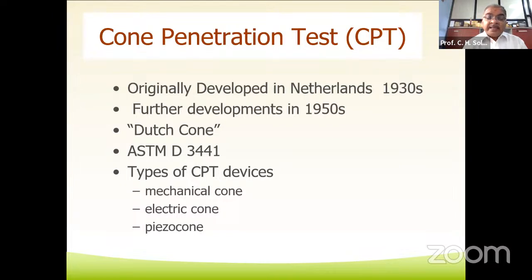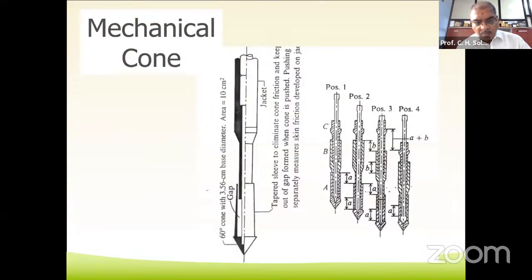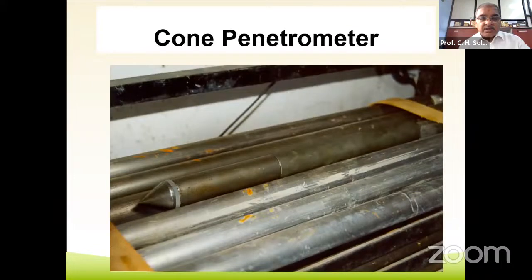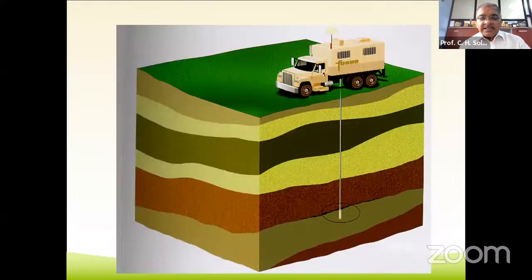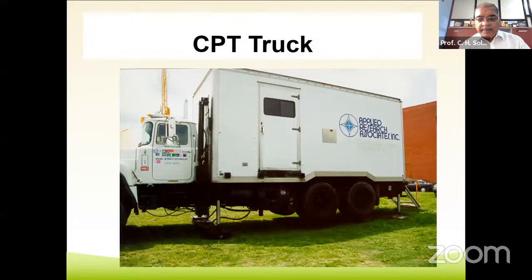ASTM D3441 describes the procedure, and the types of CPT devices which can be used may be mechanical cone, electrical cone, or piezo cone. These are the mechanical cones, electrical cones, cone penetrometer. This is the truck mounted arrangement for conducting the cone penetration test, the CPT truck.